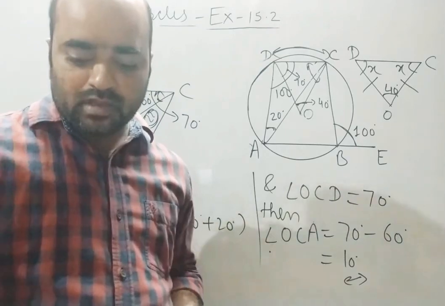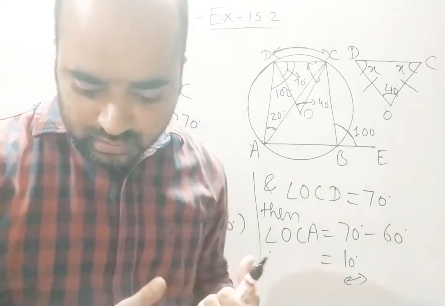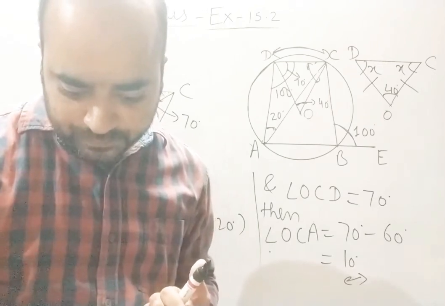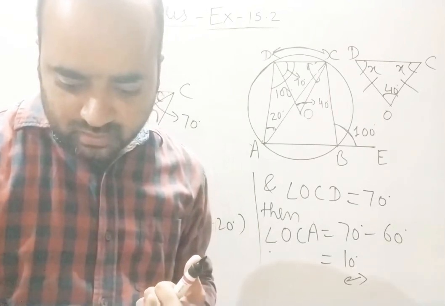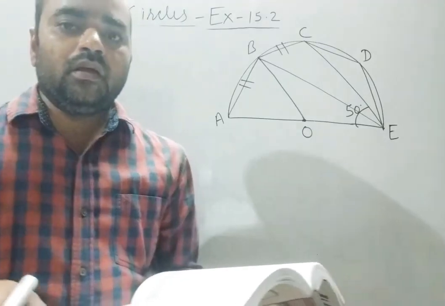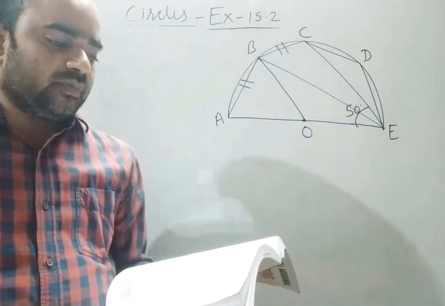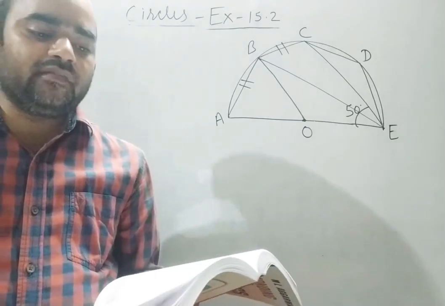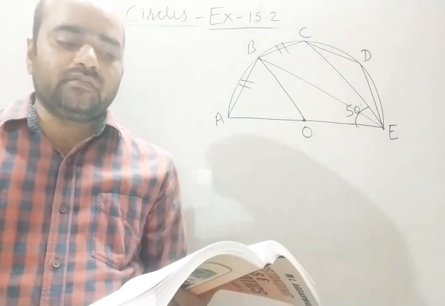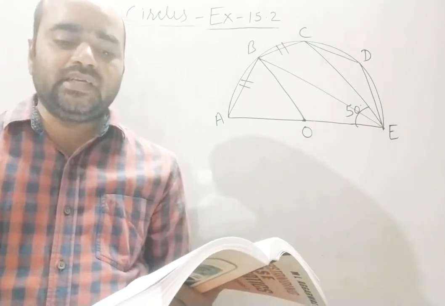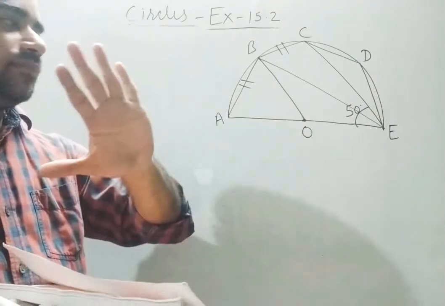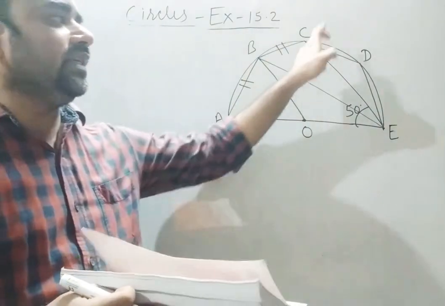Next is question number 12. In the adjoining figure, O is the center, AO is the diameter of the semicircle ABCDE, and you can see on the circumference we are having 5 points ABCDE.